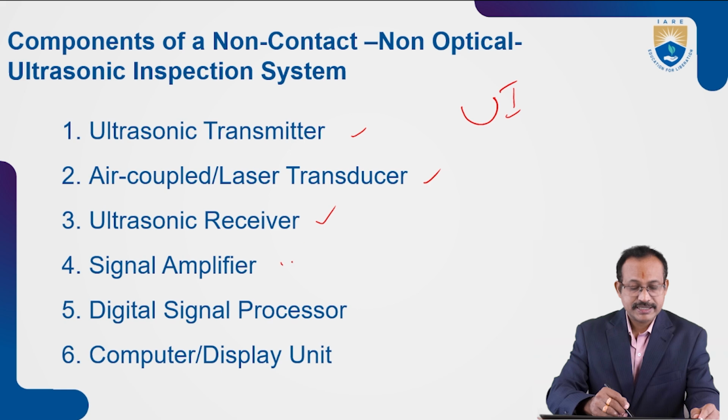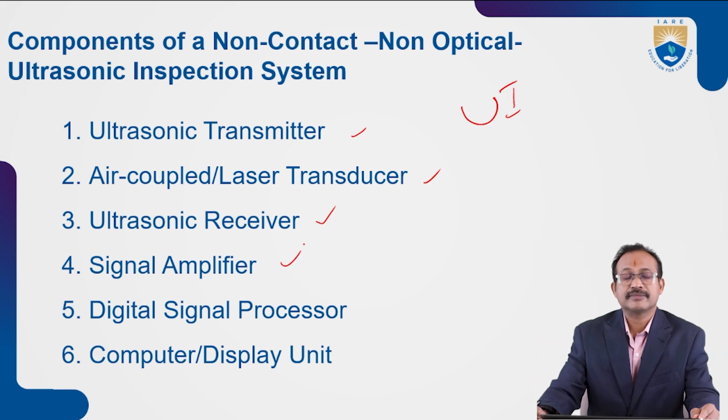Fourth, signal amplifier. Fifth, digital signal processor. Sixth, computer or display unit. So these are the 6 components associated to a non-contact, non-optical ultrasonic inspection system.